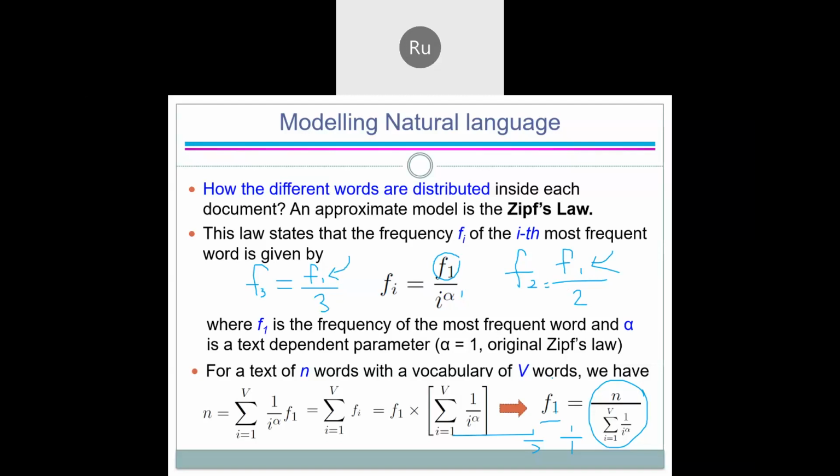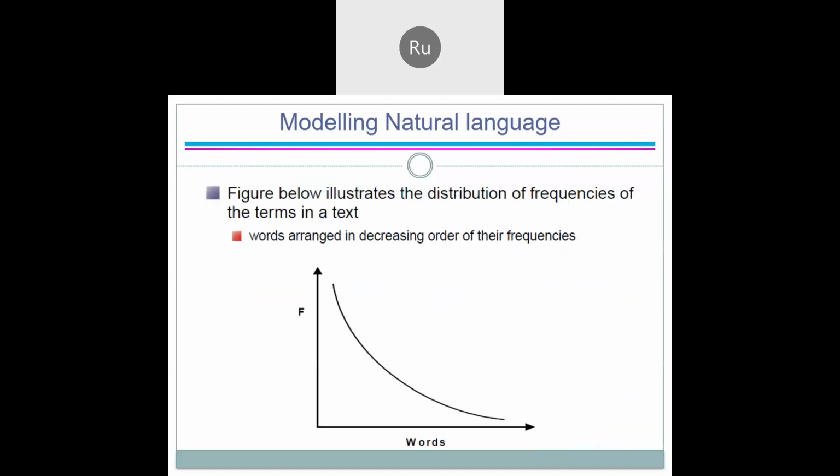Then the fourth one will be 1/4 of the occurrences of the first one. So they say that only a few would have high frequency, and most would have low frequency.